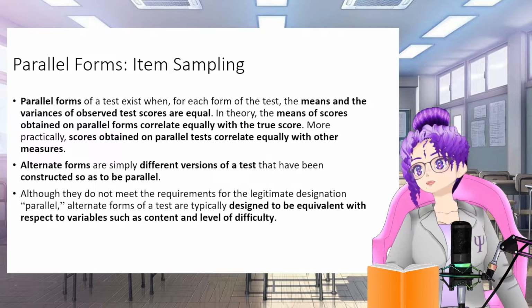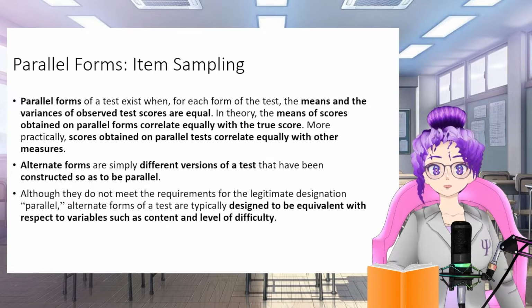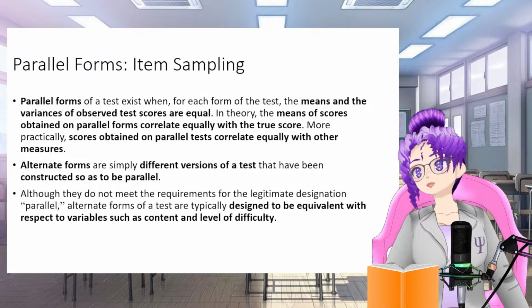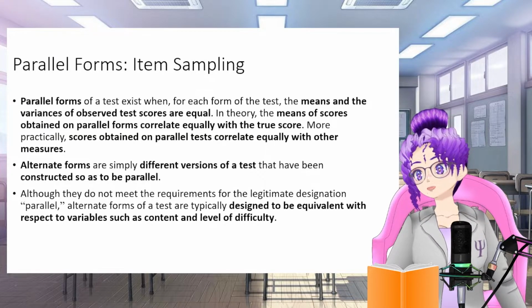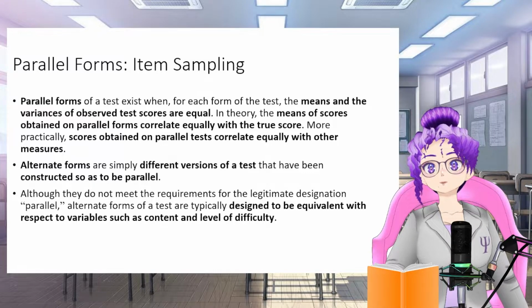Parallel forms of a test exist when, for each form of the test, the means and the variances of observed test scores are equal. In theory, the scores obtained on a parallel form correlate equally with the true score. More practically, scores obtained on the parallel tests correlate equally with other measures.